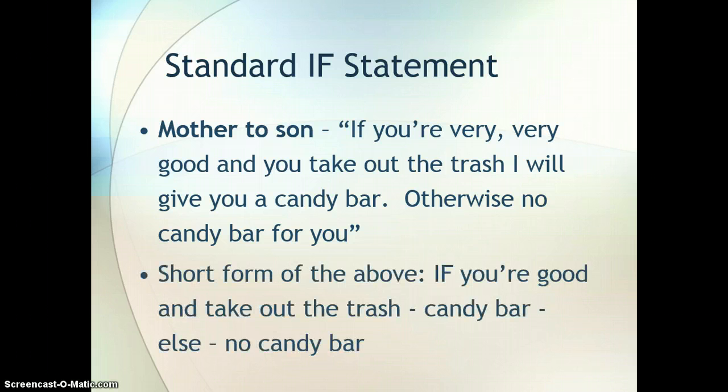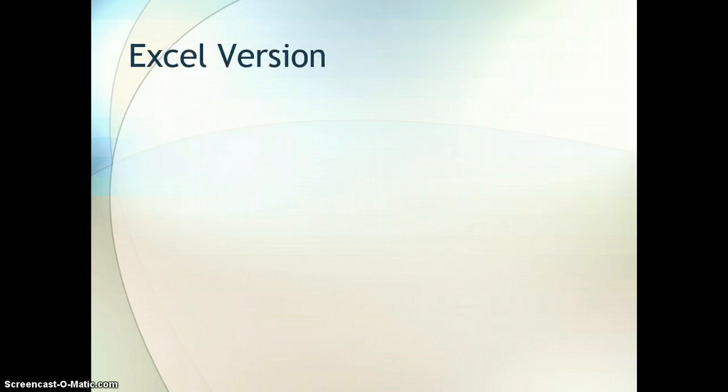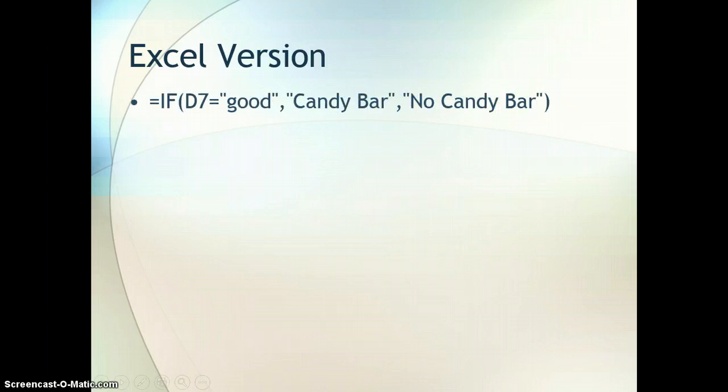Now, that could be shortened to, if you're good and take out the trash, candy bar. Else, no candy bar. Now, Excel handles it slightly differently. If you look at this, this is a formula. But it makes sense. It's saying if the word good is written in cell D7, then display candy bar in this cell.